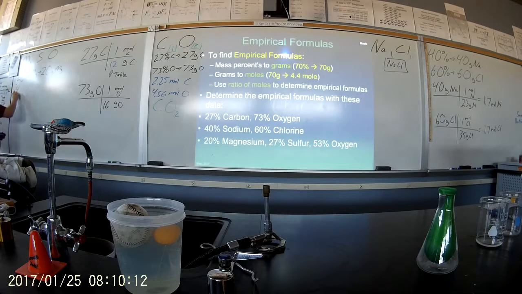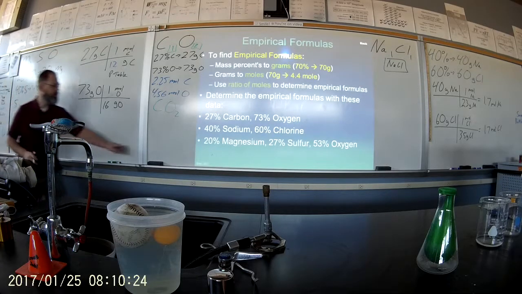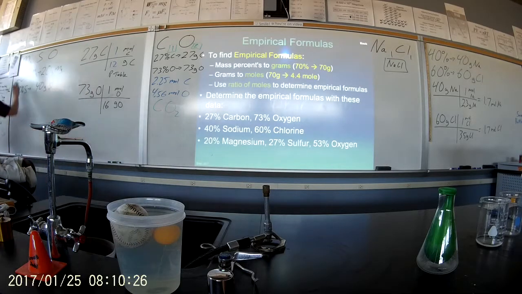There's 40% sulfur, which we're going to turn into 40 grams of sulfur. And there's 27 grams of sulfur and 53% oxygen, which we're going to turn into 53 grams of oxygen.